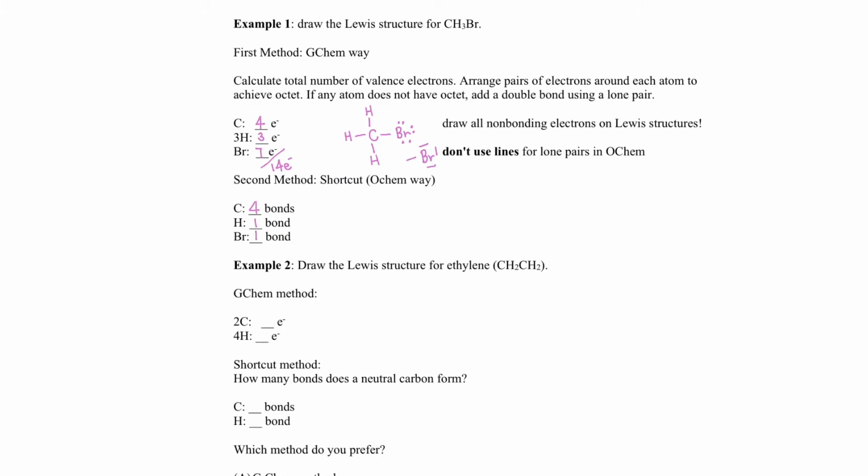Since you have 3 hydrogens and 1 halogen, you have to arrange them around that central carbon atom, right? So this is how I would tackle it using the OChem way. I personally think it's pretty straightforward, and I hope that you get used to it over time.